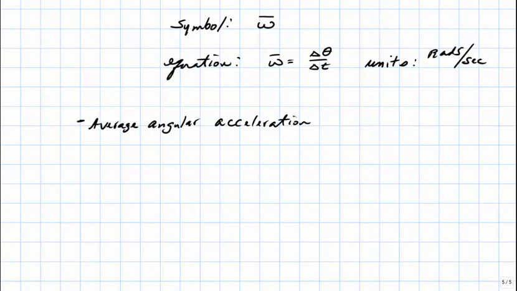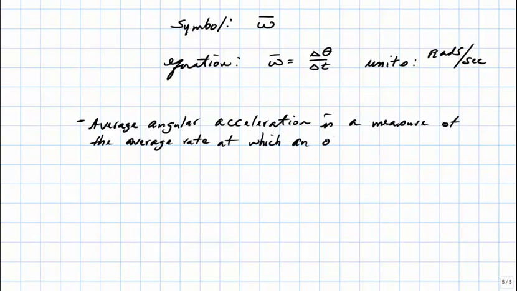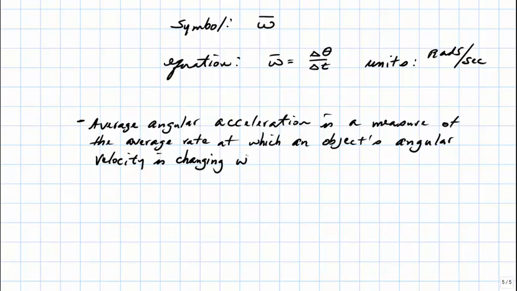Average angular acceleration is a measure of the average rate at which an object's angular velocity is changing with respect to time.